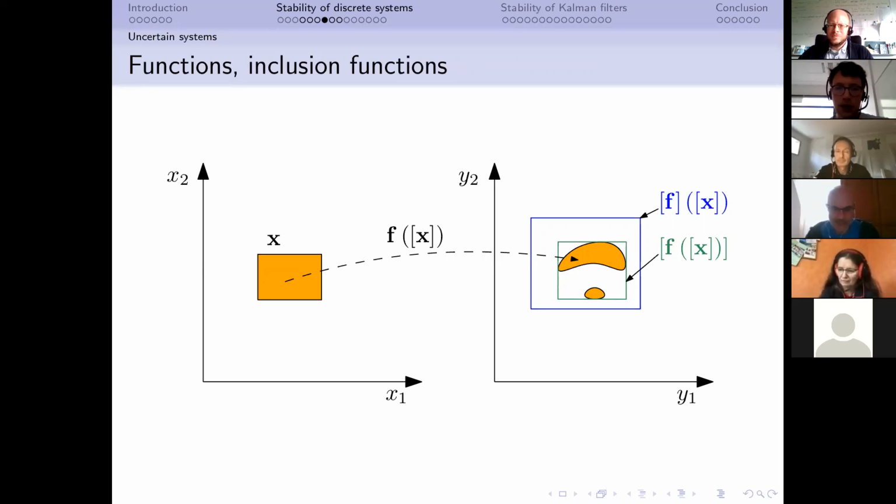If it's not the case, the risk is that after, say, 5, 10 iterations, the wrapping effect that is also inserted by the centered form, because it's minimal but not perfect, will make the enclosure for the state explode. So if you've reached like 10 iterations, then you should stop your algorithm, take a smaller neighborhood, and start again.